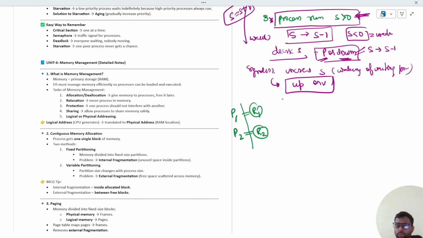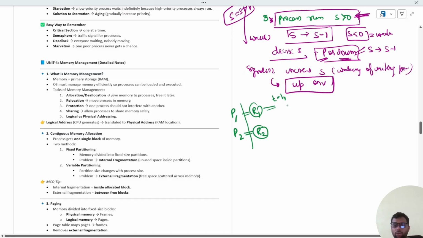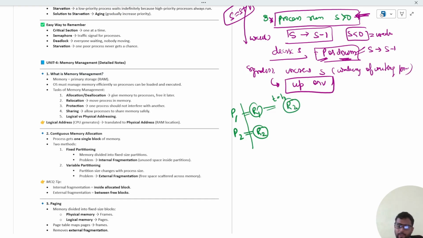Now, after some time interval, say t equals t1, process P1 is in want of resource R2, and process P2 is in want of resource R1 for completion of its execution.